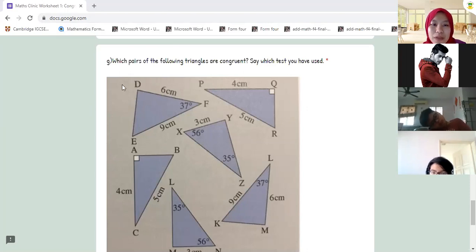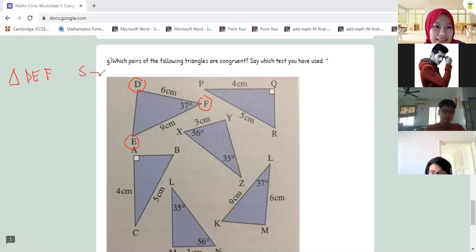Okay, you have to look carefully. So D, look at D. What information in triangle DEF? What information do you have? You are having side, angle, side information, right? Can you give me another triangle having side, angle, side information? KLM, correct.